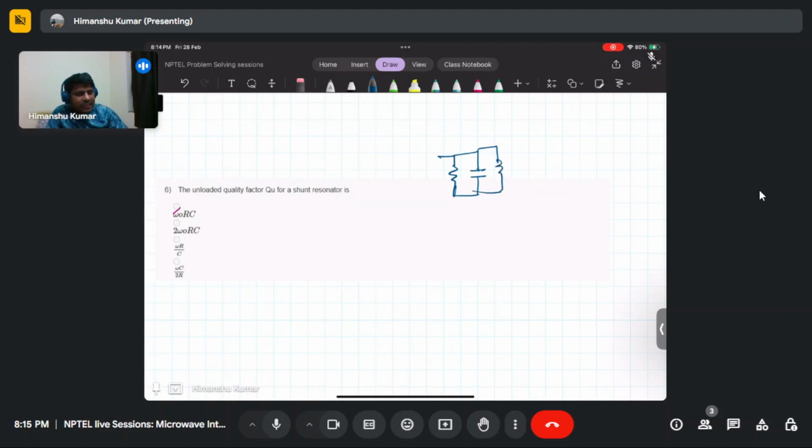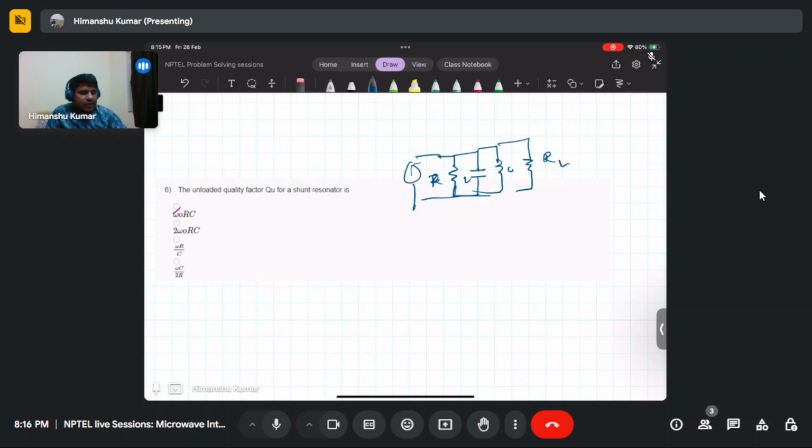Now if you connect a load, the total resistance will change. Let's say this has R, L, C, and this is RL. To calculate the loaded quality factor, you need to consider the total resistance.